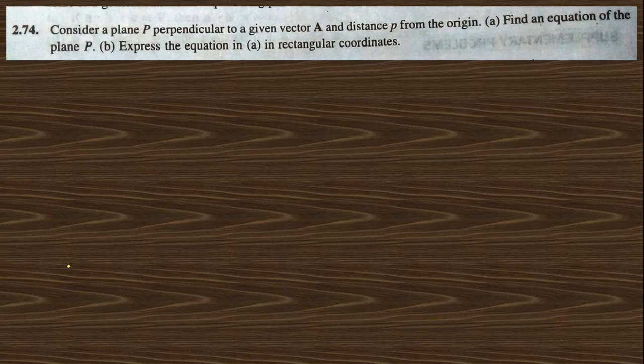Very simple. Next is 2.74, which says: consider a plane P perpendicular to a given vector A and at distance d from the origin. Find the equation of the plane and express it in the rectangular coordinate system.